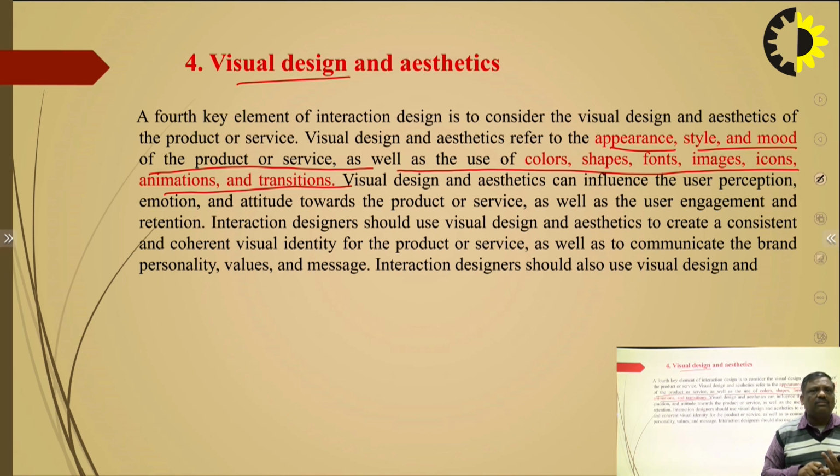With the help of these things, we can design a good layout. So appearance is all about the design aspect. The designer creates a design that is very attractive. The user feels this is very eye-catching.